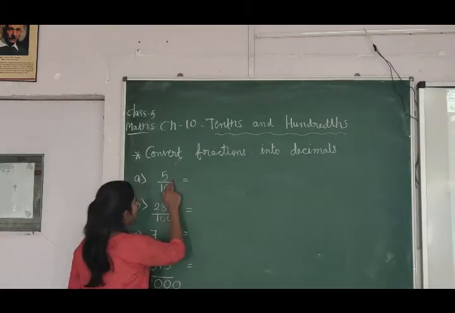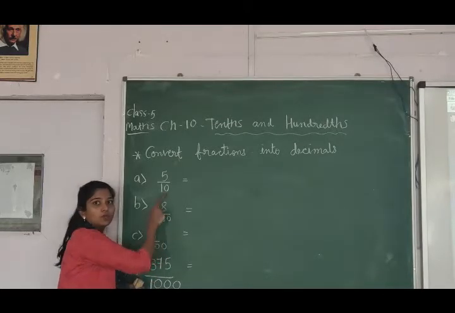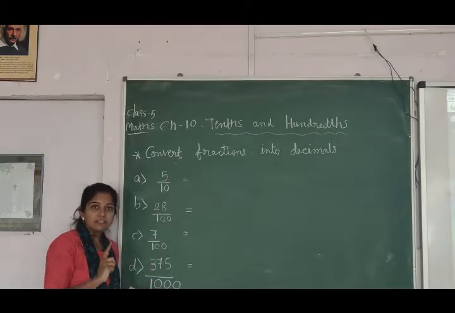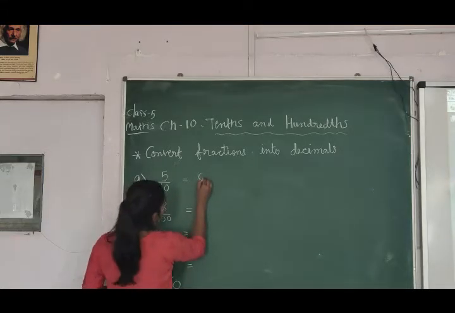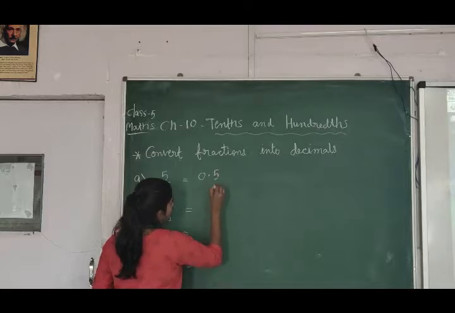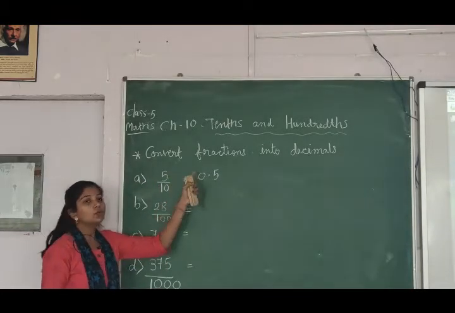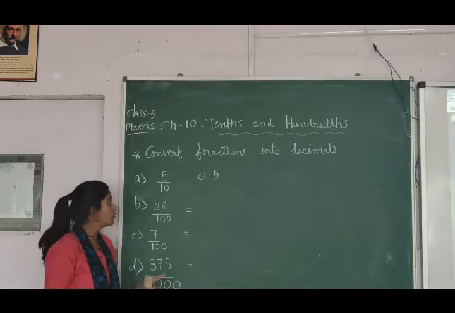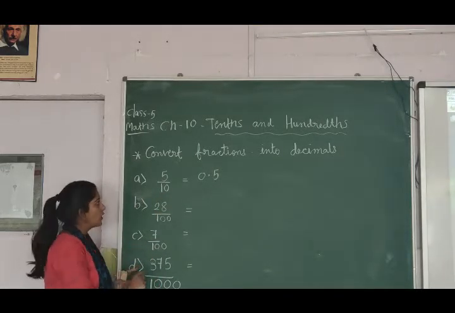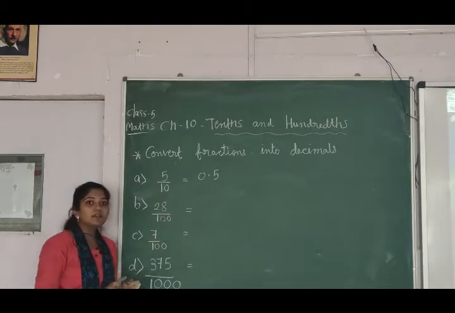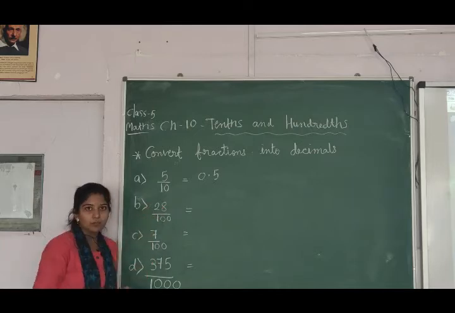Let's see, 5 upon 10. In this denominator 10, there should be 1 digit after the decimal point, so we will write 0.5. To convert fractions into decimals, you have to look at the denominator, because there should be as many digits as there are zeros in it.